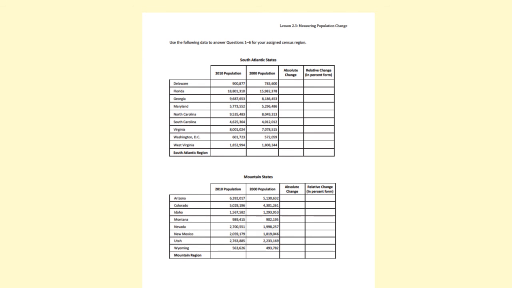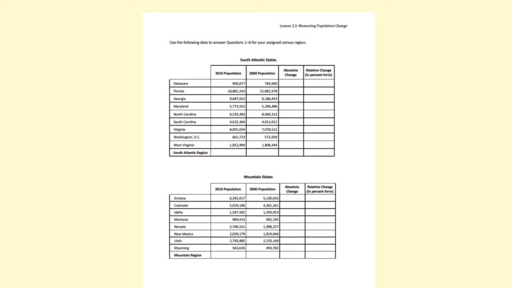So you're going to be calculating absolute and relative change, but not with donuts or trees. You're going to be doing it with the populations of some states here. So if you look over on page 178, you'll see there are 2 tables there of the populations of states, both in the year 2000 and the year 2010. All of the states in these tables have clearly increasing populations.